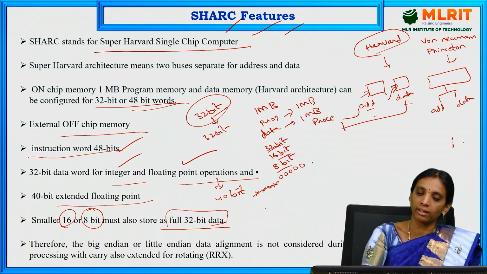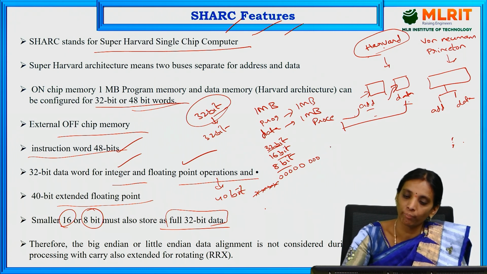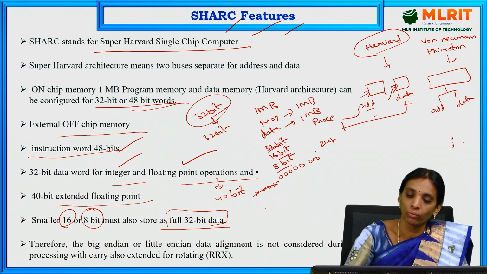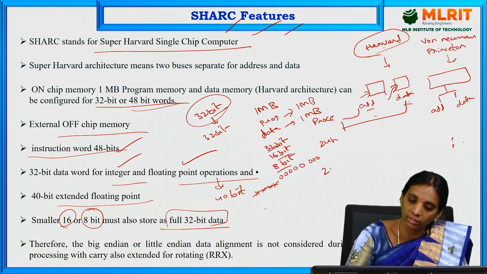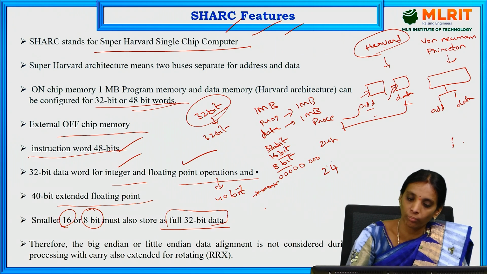we can write like this. If the data is 8-bit only, for example 24H, then this 24 will be in the lower bits. So this is 4-bit, 8-bit, 12-bit, 16, 20, 24, 28, 32.